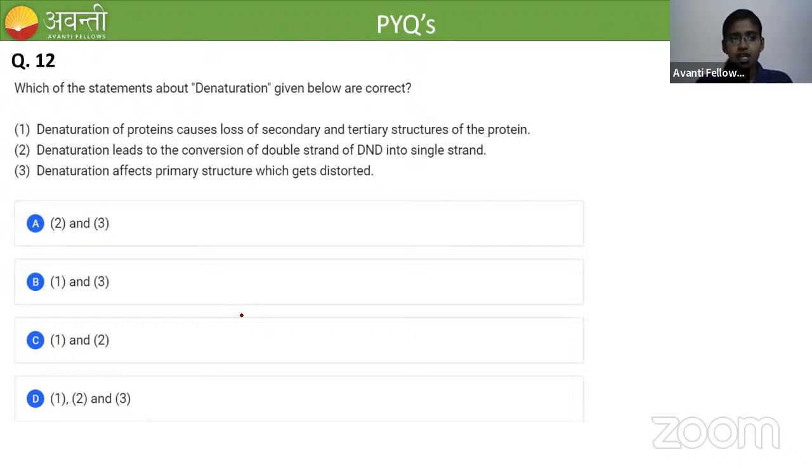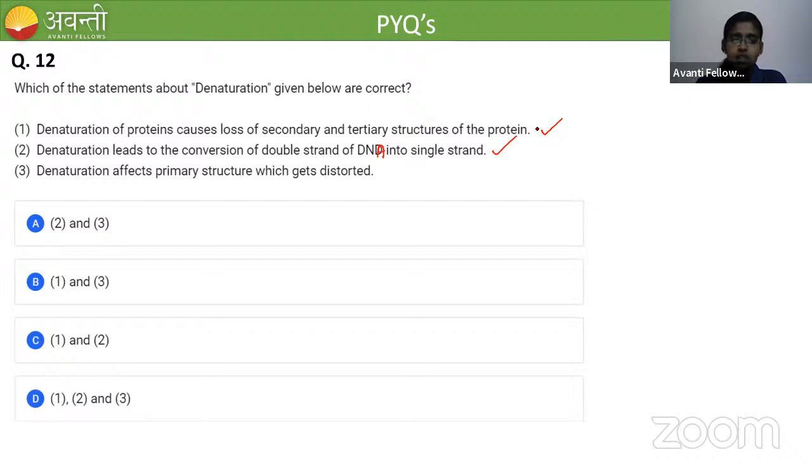Coming to the next statement, denaturation leads to the conversion of double strand of DNA into single strand. Yes. So bonds get broken down and double strand becomes single strand. So the second statement is also correct. Denaturation affects the primary structure, which gets distorted.